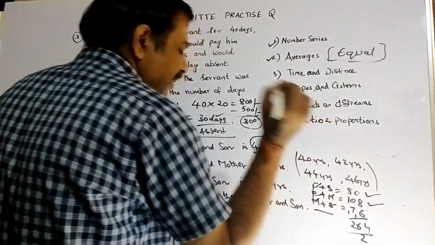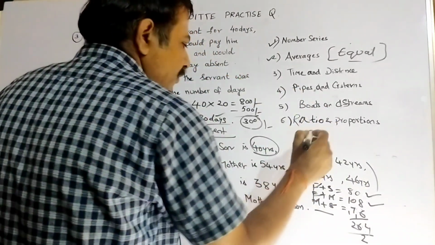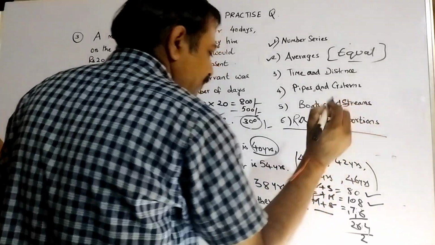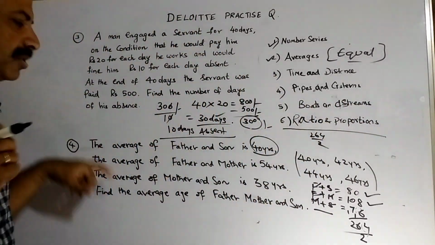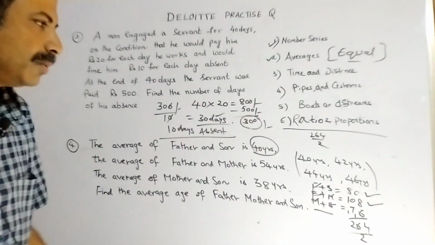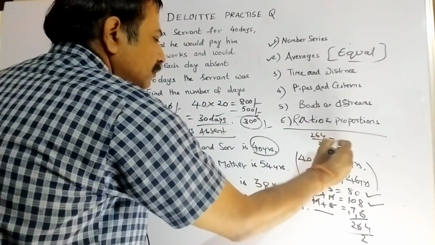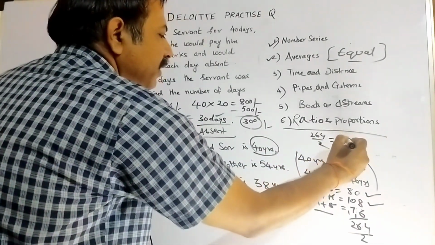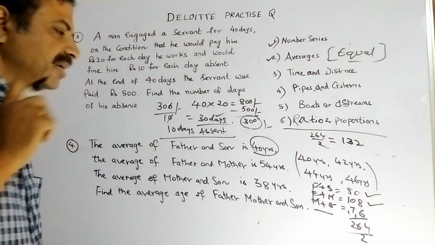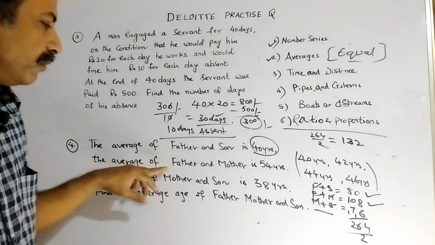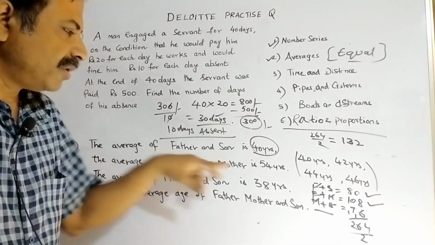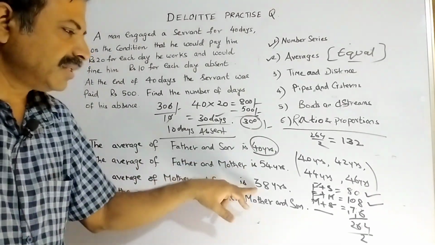So by 2, I am doing here. 264 by 2 is 132 years. So what I have done: father plus son total 80, father and mother total 108, mother and son total 76.